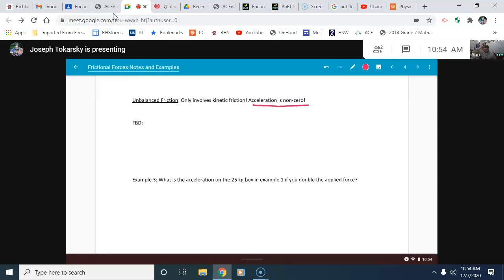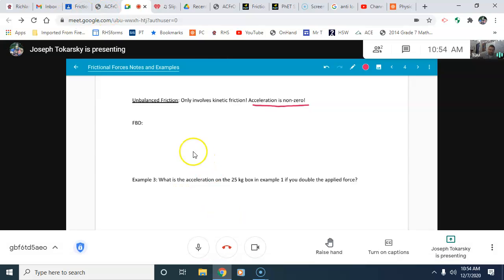If you recall our two balanced scenarios we did earlier in the week when we set up Newton's second law, identified the forces, because acceleration is 0 when something's just about to move or moving at constant v, that essentially told us that the applied force was equal to one of the types of frictional forces, whether static in one scenario, kinetic in another. That won't happen anymore, so we can't say the applied force is balanced with one of the frictional forces anymore, because acceleration is non-zero, hence an unbalanced scenario.